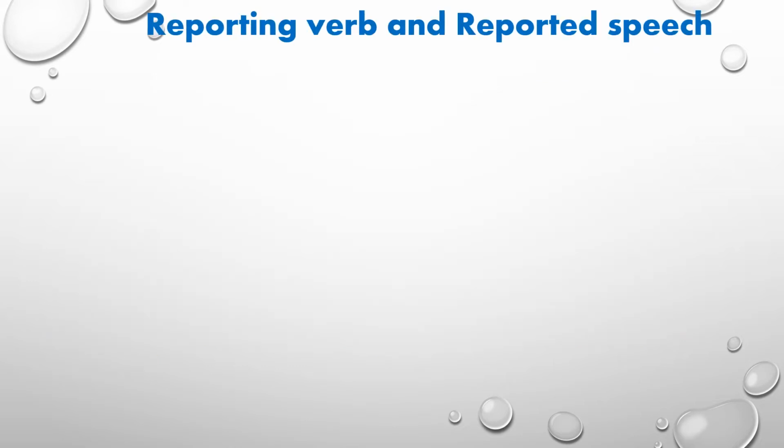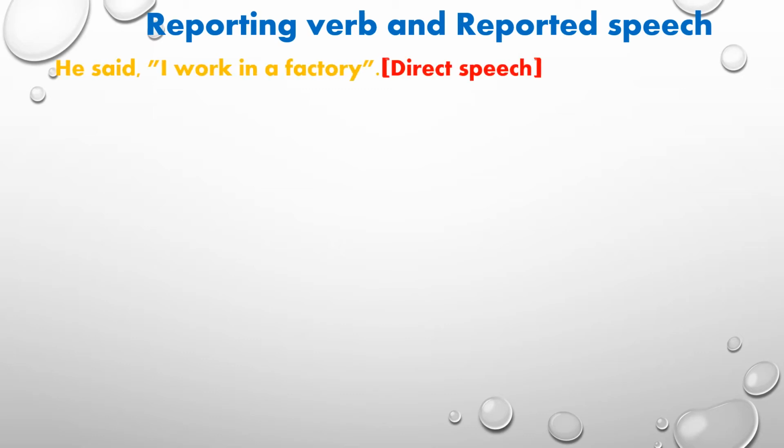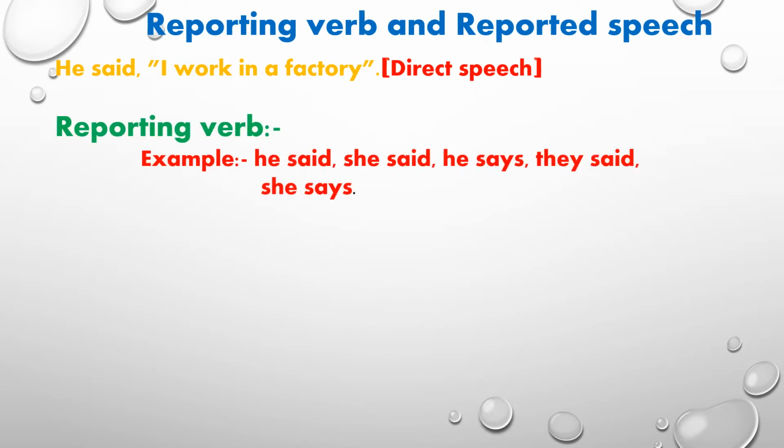How do I identify reporting verb and reported speech? For example, he said, "I work in a factory." Reporting verb, the verb in the first part of the sentence. For example, he said, she said, he says, they said, she says. The verb before the statement of a person in a sentence is called the reporting verb.